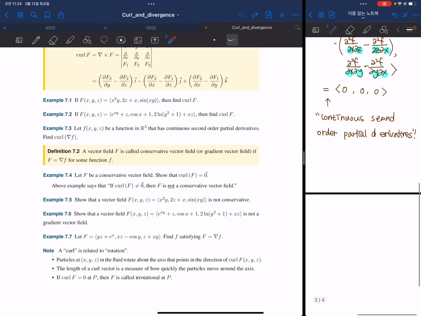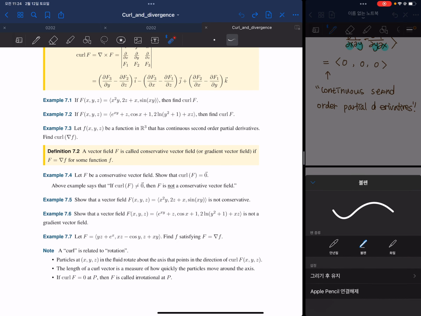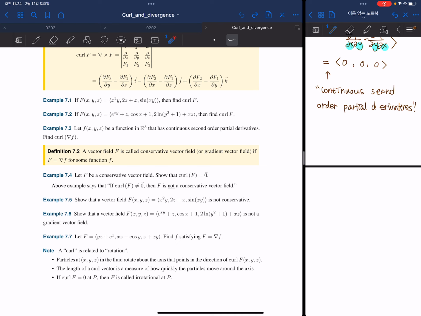So it means that, in example 7.4 here, F is a conservative vector field, so we have the condition that there exists some function f such that F is the gradient of f, right? And we want to show that the curl of F is the 0 vector, and you can replace F with the gradient of f, so the curl of the gradient of f.